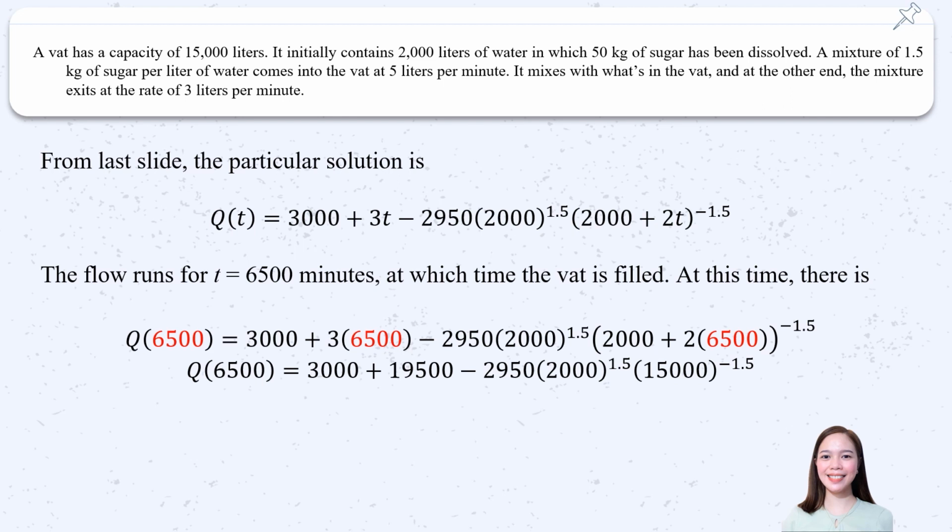So simplifying, we have Q(6500) is equal to 3,000 + 19,500 minus 2,950 times 2,000 raised to 1.5 times 15,000 raised to negative 1.5. So Q(6500) is approximately 22,356.4 kilograms of sugar.